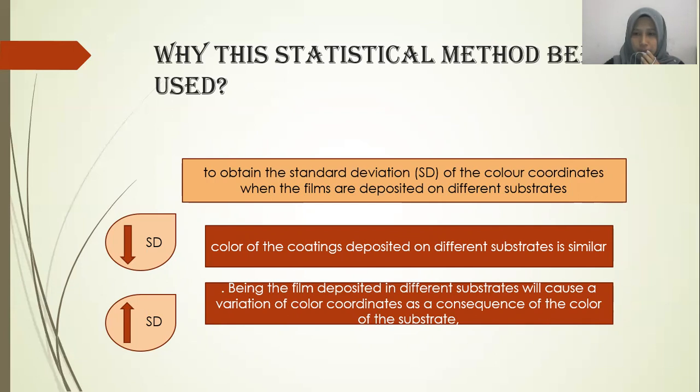According to this experiment, if the standard deviation decreases, it means the color of the coatings deposited on different substrates is similar. If the standard deviation increases, it means the film deposited on different substrates will cause a variation of color coordinates as a consequence of the color of the substrate. So it will depend on how the standard deviation is evaluated through the experiment.